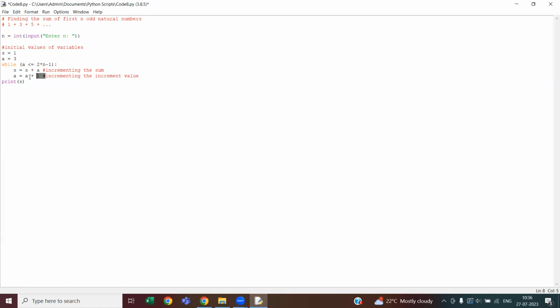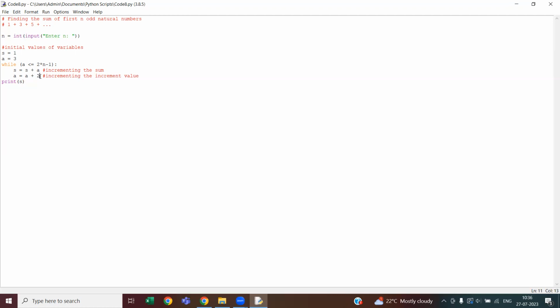Over here, when we incremented a, we incremented it by 1 because we had 1 plus 2 plus 3 plus 4. But over here, we'll have to increment it by 2 because every term is getting incremented by 2. We have 1 plus 3 plus 5 plus 7 and so on, right?